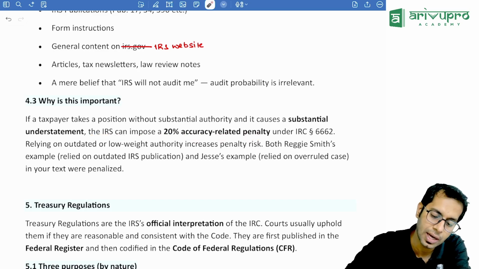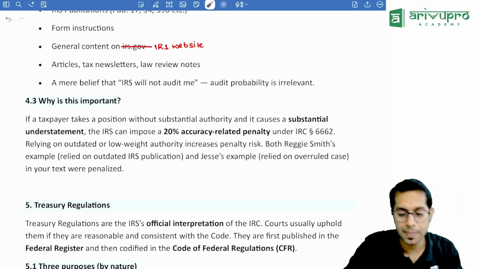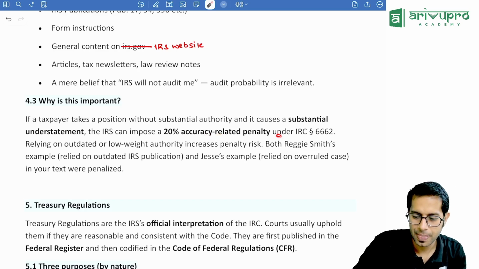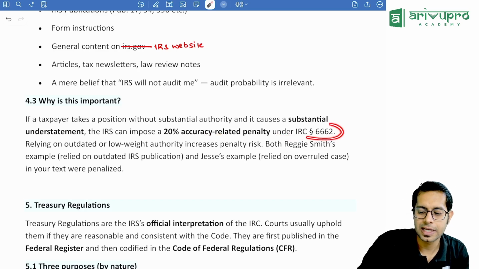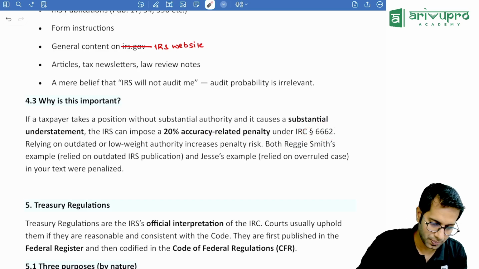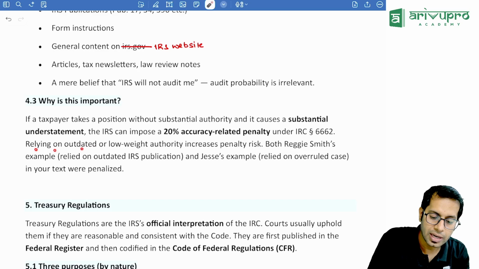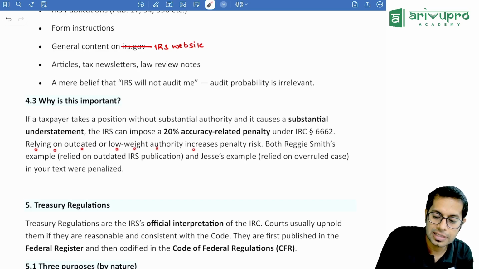What will the IRS do, sir? It will impose a penalty of what, sir? A 20% accuracy related penalty under IRC section 6662. Relying on outdated or low weightage authority increases penalty risk.